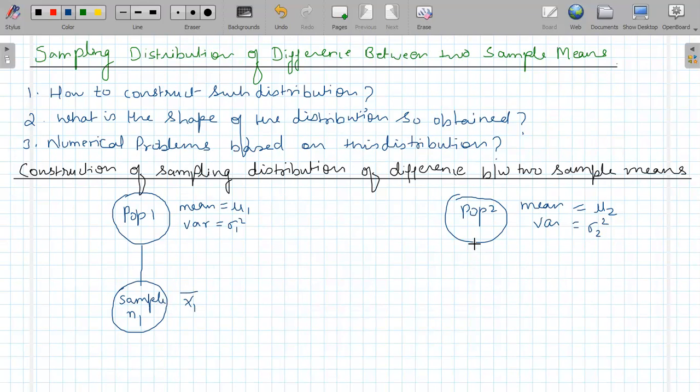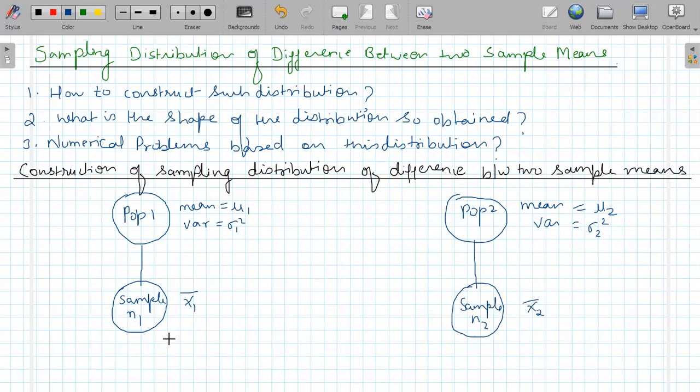And here we have taken a sample of size n2 and we calculate x2 bar, which is the mean of the sample which is drawn from the second population. And remember that both of these samples are independent of each other. Okay.